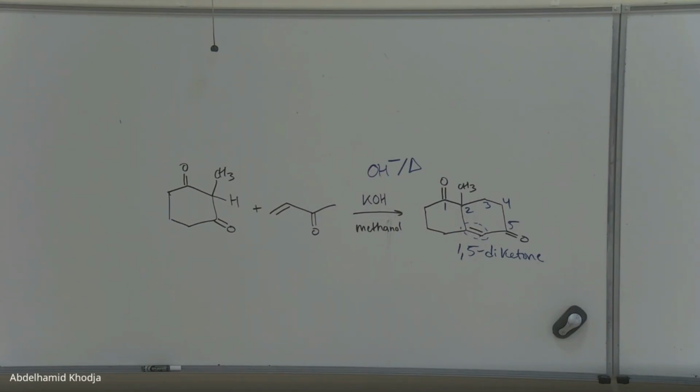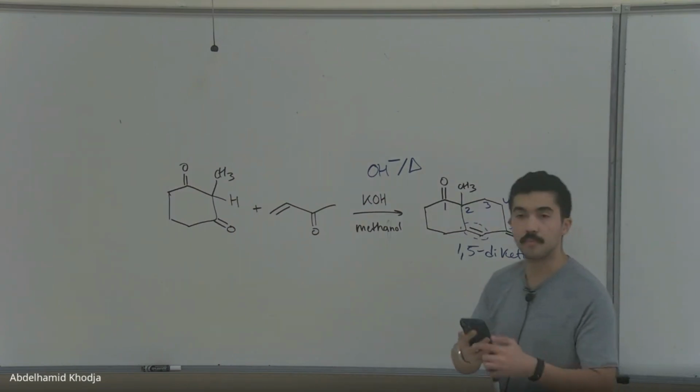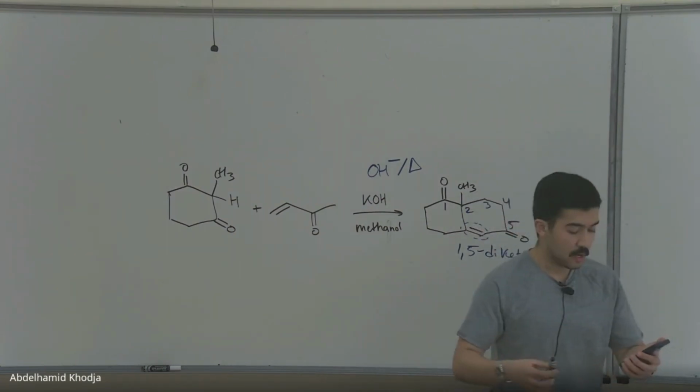Okay. So yeah, you could have used Wolff-Kishner in that last step instead of the thioacetal. You're asking what is the point of Raney nickel? What's the point of Raney nickel in general, or in this question? You know what? I'll answer both.